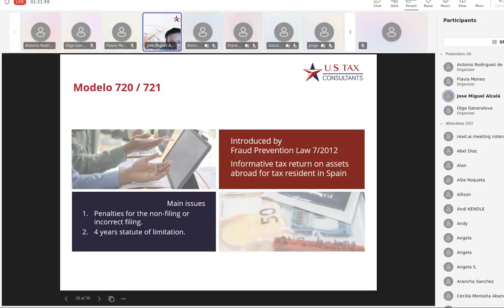And obviously, if we don't pay taxes for these forms, it makes sense that we will not pay fines and penalties for them, right? Why do we have to pay money to the Spanish tax agency? We don't have to. So I insist that we must be sure that we know how to treat all the assets we have outside of Spain in these forms.